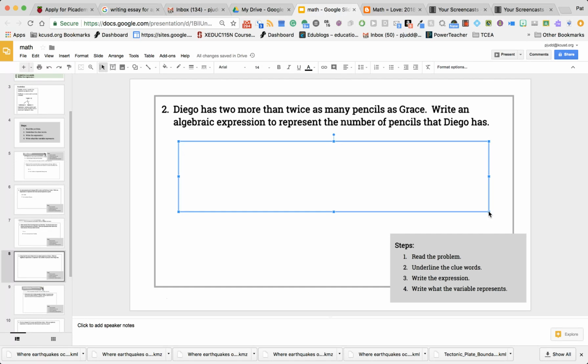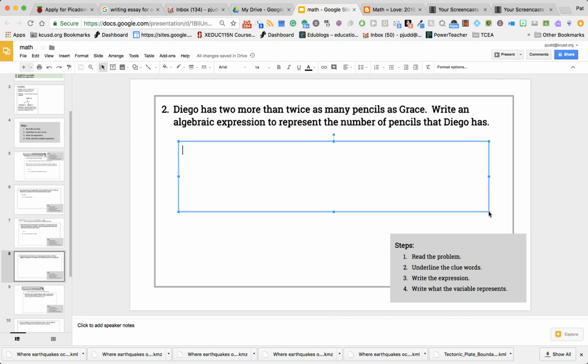Okay. If you are sitting in the orange group and you're sitting in seat number 4, share out your answer. Go. And if you're sitting in the brown group and you're sitting in seat number 1, share out your answer.